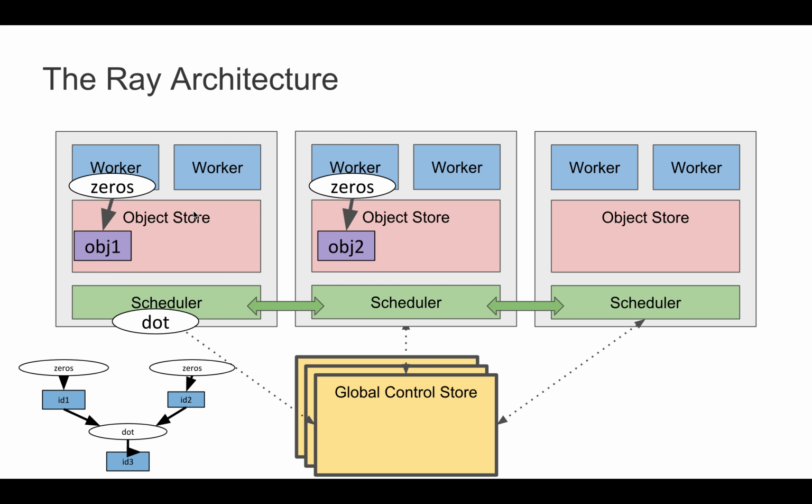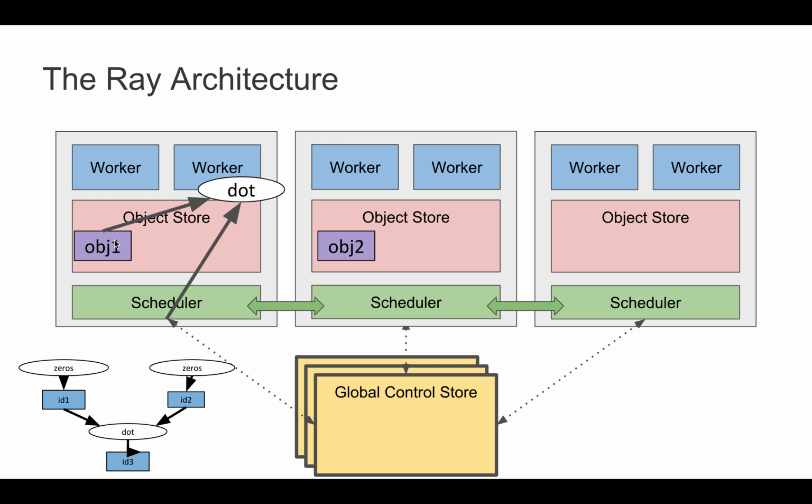So now these two zeros tasks finish executing. They store their results in their local object stores. Now we want to execute this dot task. So this dot task goes to this worker process, is assigned there, it's scheduled there. And now it's missing one of these objects. It's missing object 2.